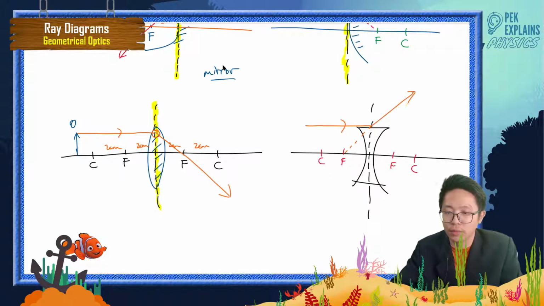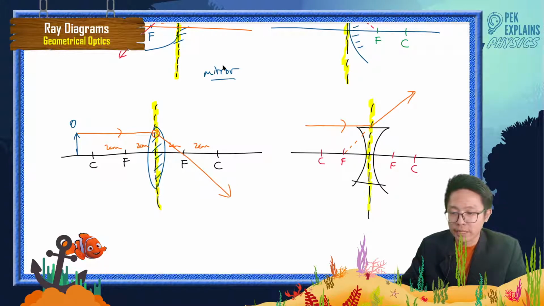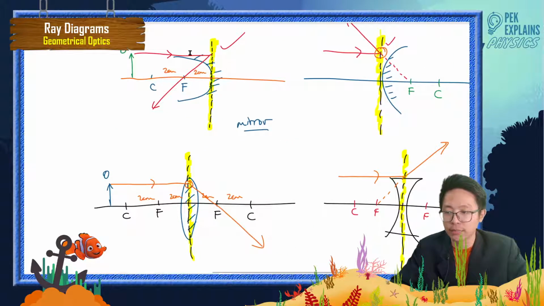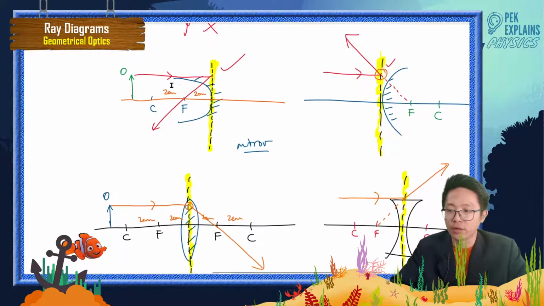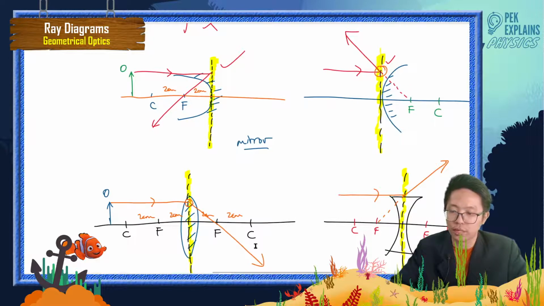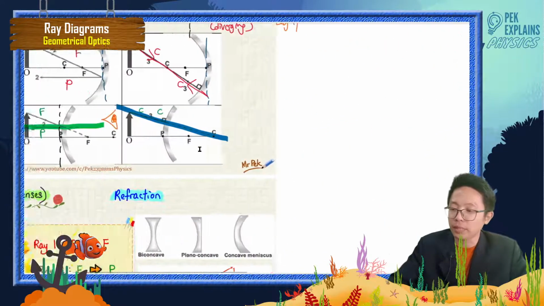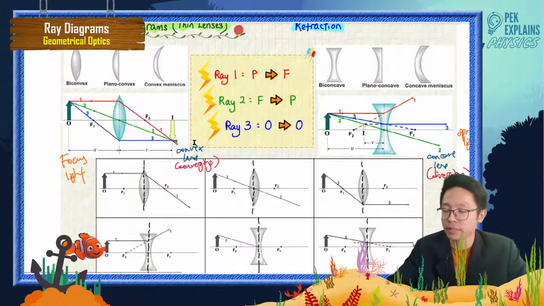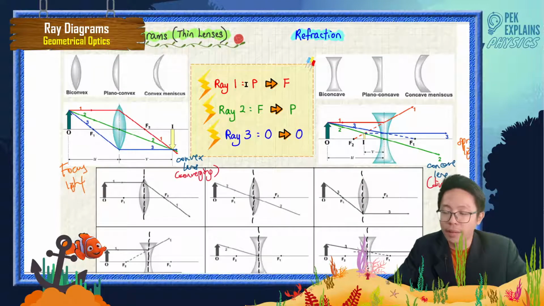Use the straight line. Understand? First, you must draw the straight line. Finish. No matter whether it's a mirror or lens, use a straight line to represent where the light converges or diverges. Always use a straight line. Now, go back to our diagram. So the first ray is parallel to the focal point.